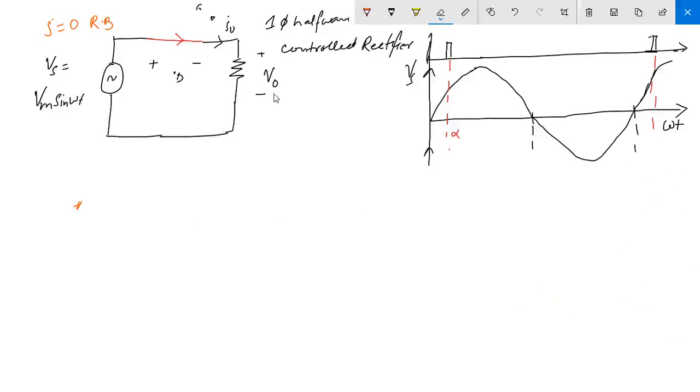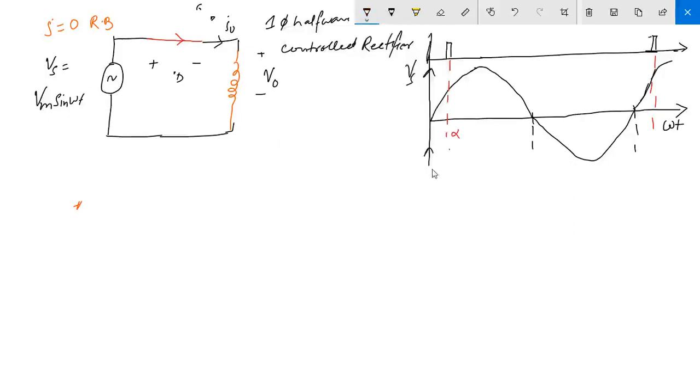I am keeping the supply the same, and just the load is changing here. So I am going to use an inductor. So this is my inductor.